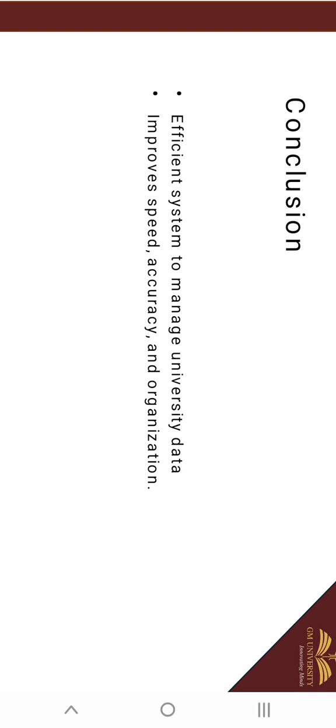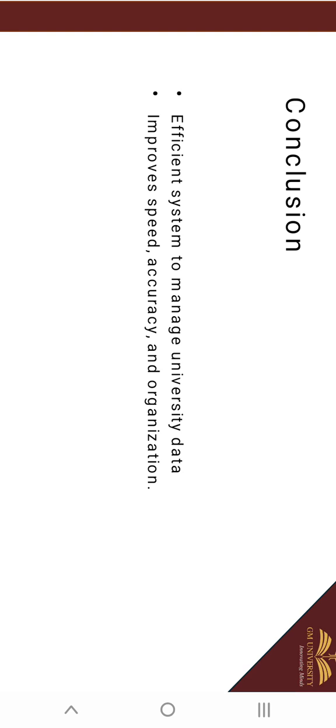Here we come to the conclusion part, the end of this video. Conclusion: efficient system to manage university data. I conclude this video by saying this is the system we should use to improve speed, accuracy, and organization. We store the data in a secure, integrity form.